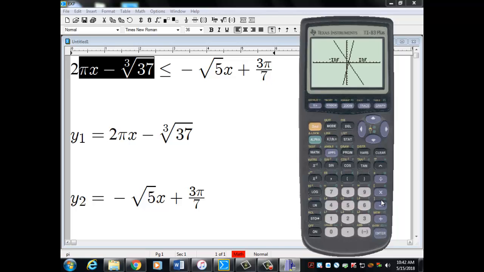When is Y1 less than Y2? Which side? Is it on this side or this side? Y1 less than Y2. It's on the negative infinity side.